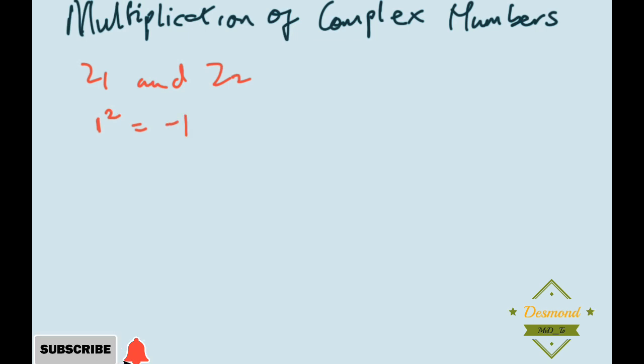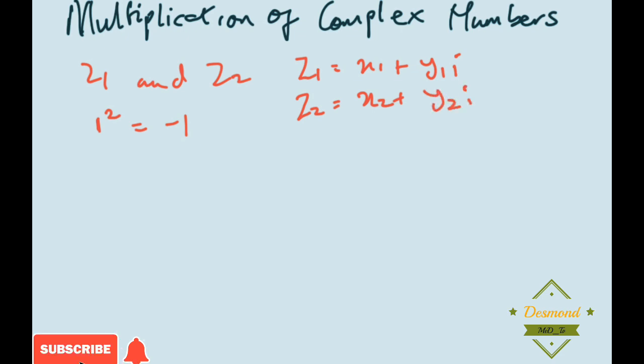So let's say we have two complex numbers z1 and z2, with z1 being equal to x1 plus y1 i, and z2 being equal to x2 plus y2 i. So how do we multiply these two complex numbers together?